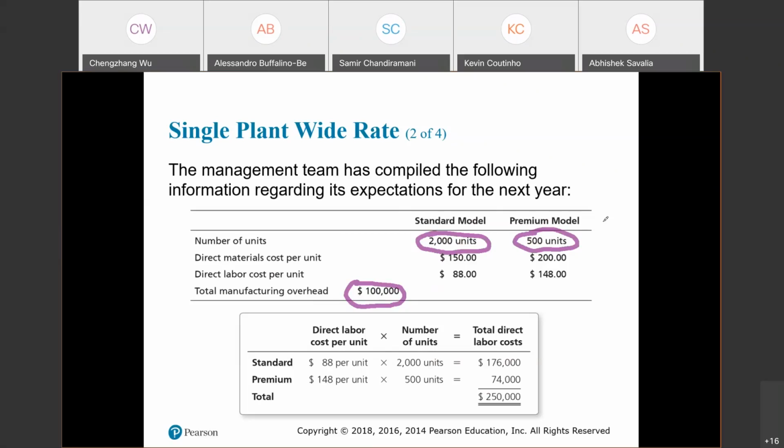To determine the total estimated direct labor cost, multiply the direct labor cost per unit times the estimated number of units. So here is the estimate.